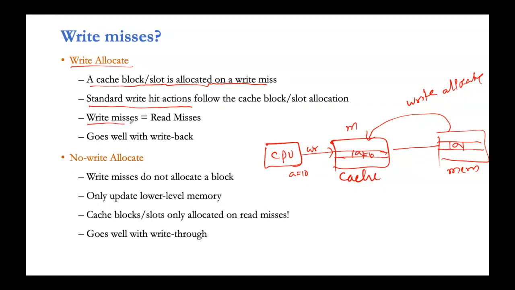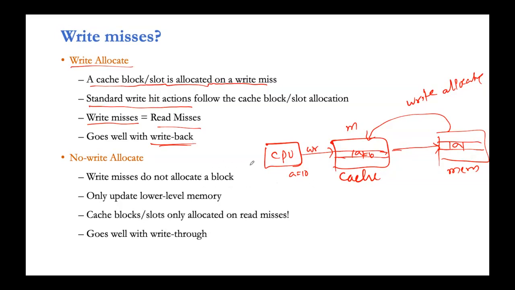So your write miss is just like your read miss. When it is going to read and the cache line is not there, that read request is forwarded to your main memory, and from there it is brought in. It is just like that. This write allocation goes well with write back.